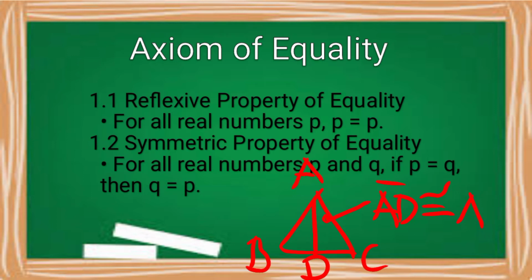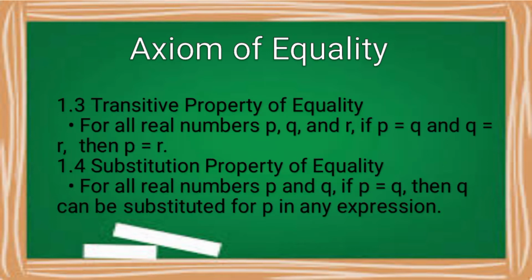So the symmetric property of equality: for all real numbers p and q, if p is equal to q, then q is equal to p. So it is symmetric. And the transitive property of equality: for all real numbers p, q, and r, if p is equal to q and q is equal to r, then p is equal to r.